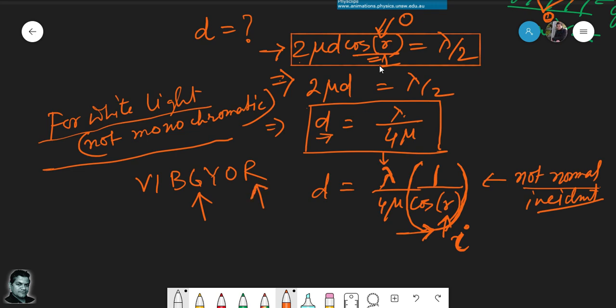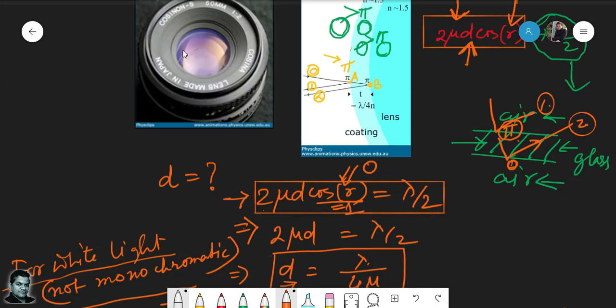Because for longer wavelength with increased incident angle, the destructive interference becomes more complete, less and less of these higher wavelength lights are getting reflected. So if higher wavelength lights are not getting reflected, which ones would get reflected? The lower wavelength lights would be getting reflected. And that's why we see this blue violet tinge on this lens surface.